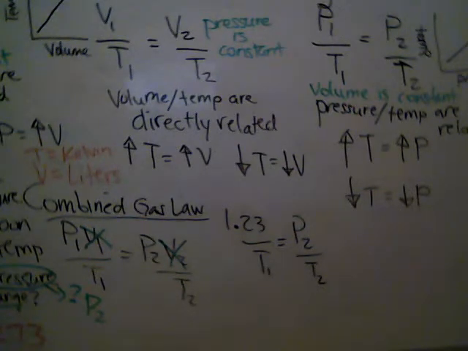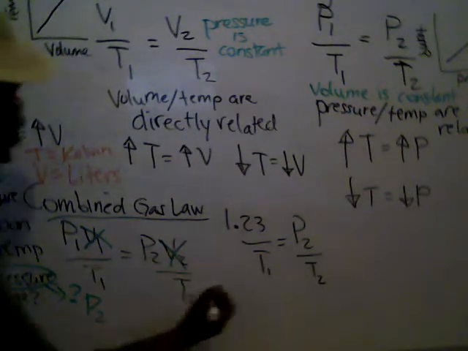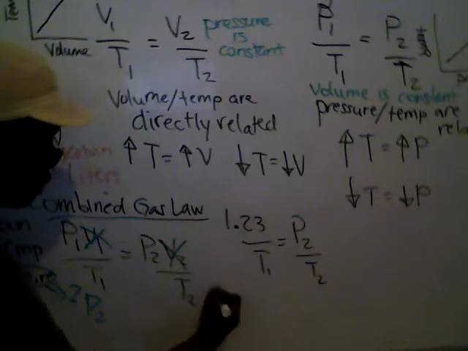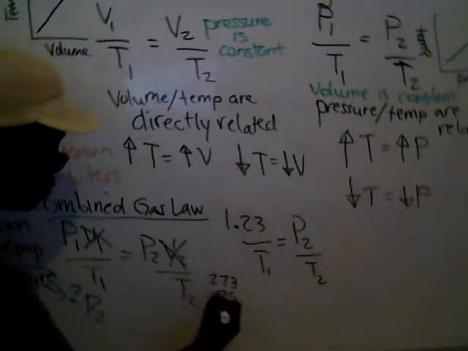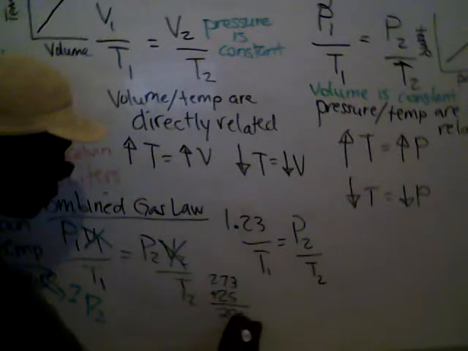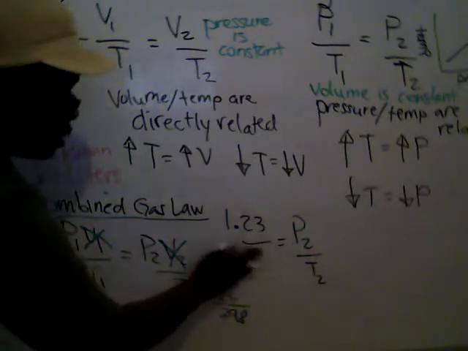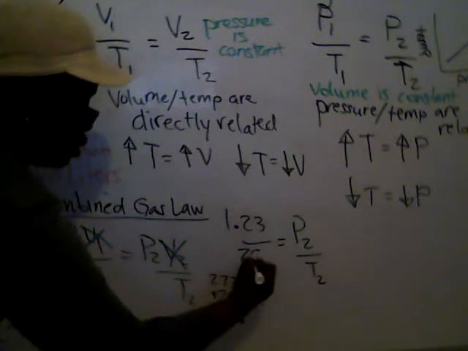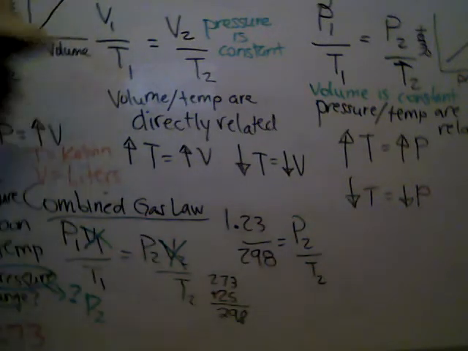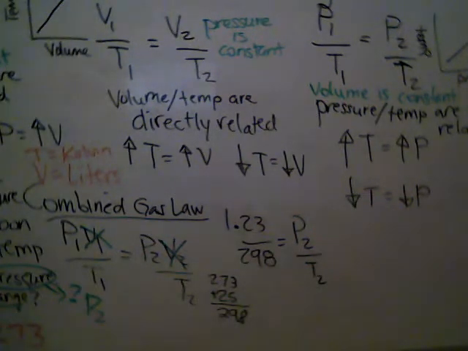T1, the initial temperature, was 25 degrees Celsius. Well, let's do the little math here. 25, we have to add 273. So really, we're going to put in 298 into our equation for the temperature. So I'm going to erase this temperature 1 and put 298. It was 25 degrees, but we had to add 273 before we could put it into the T. Now T2, the second or final temperature, was 15 degrees.